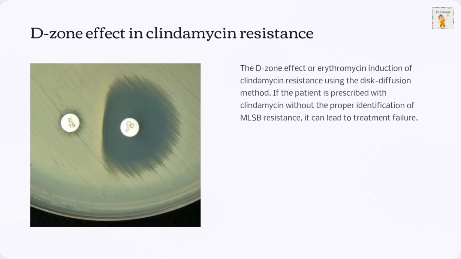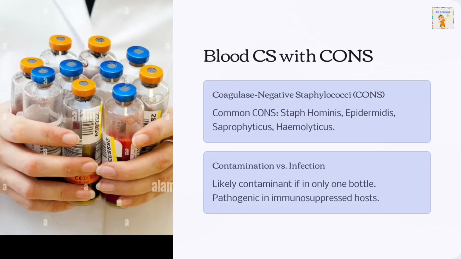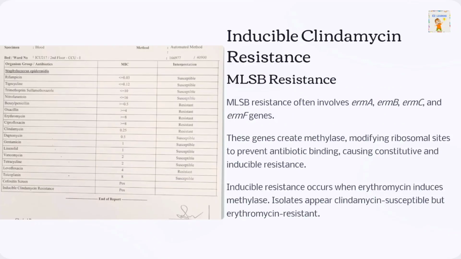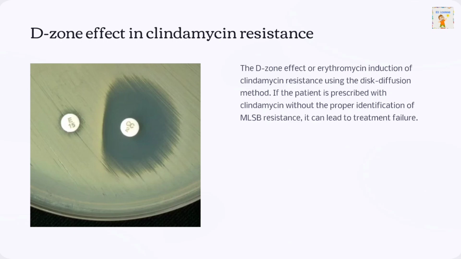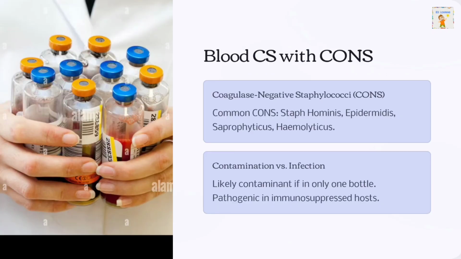So this means that the clindamycin resistance is induced by erythromycin, and this patient is likely to have therapeutic failure if given clindamycin. In our test also, you can see at the bottom inducible clindamycin resistance is positive. So this is the meaning of inducible clindamycin resistance, and it is good practice from the laboratory side to give this information to the user.